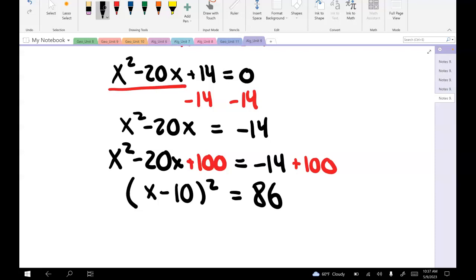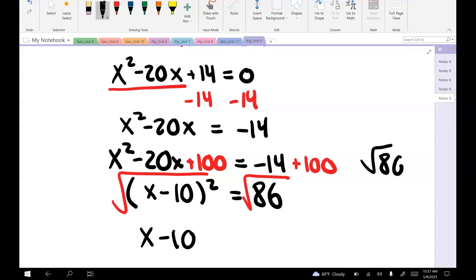So now we have to square root both sides. Square root, square root. So this side is x minus 10. But since 86 is not a perfect square, we have to do our simplifying off to the side. We have to try to break that down.